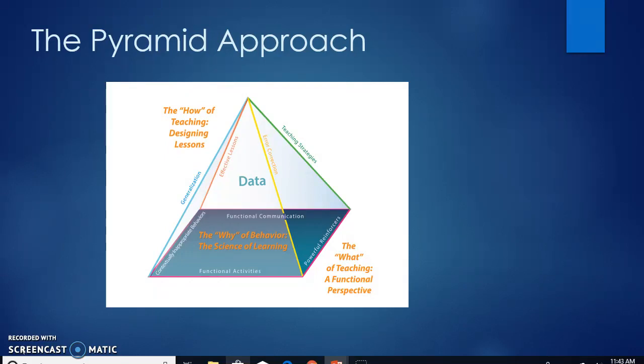The structural component includes 4 elements: functional activities, a powerful reinforcement system, functional communication and social skills, and addressing contextually inappropriate behaviors. The instructional component includes 4 elements, which are generalization, effective lessons, teaching strategies, and error corrections.